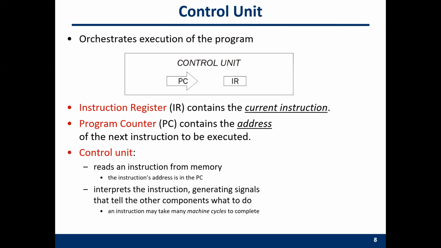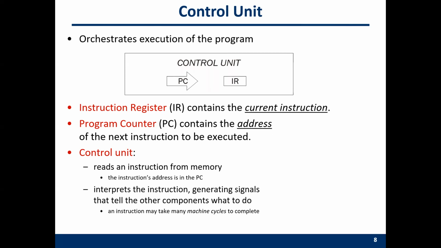At last, we have a control unit. The control unit can schedule the execution of the program. The two major parts of it are the program counter and the instruction register. The instruction register holds the current instruction, which is executing in the CPU. The PC contains the address.